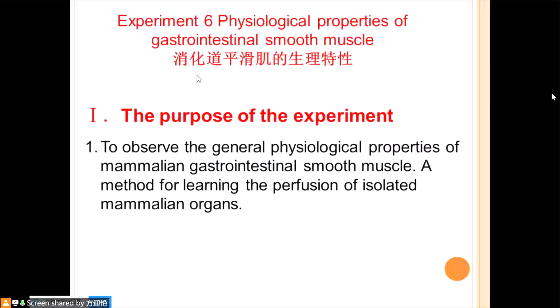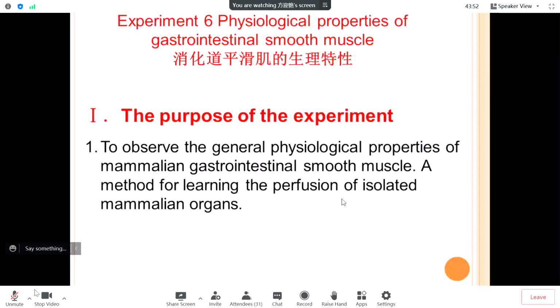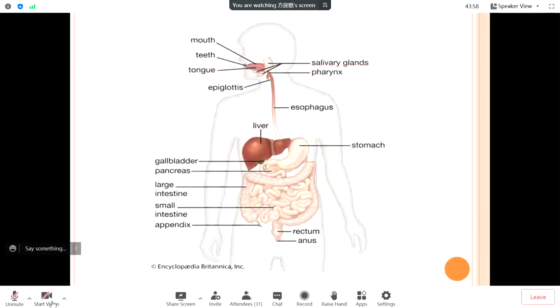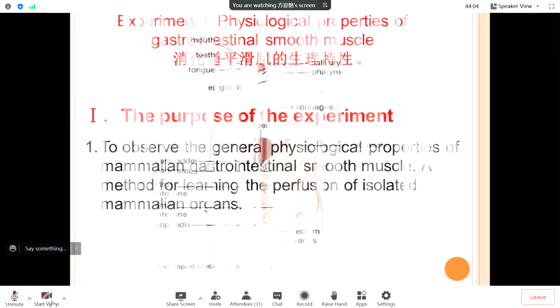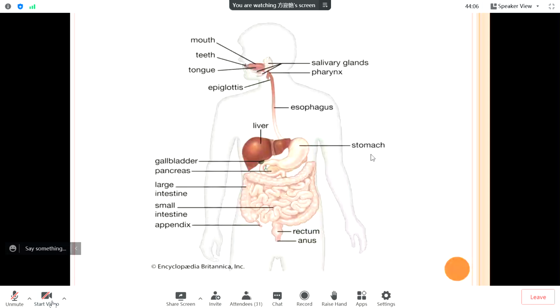The purpose of this experiment is to observe the general physiological properties of the gastrointestinal smooth muscle, and to learn the method for perfusion of isolated mammalian organs.